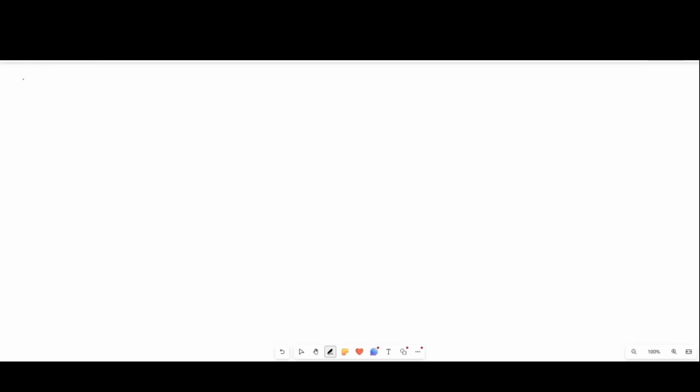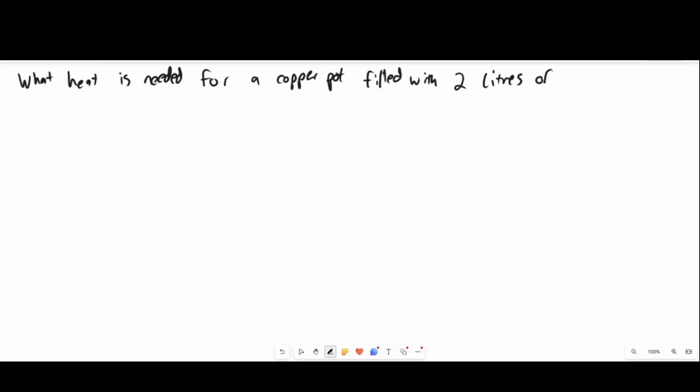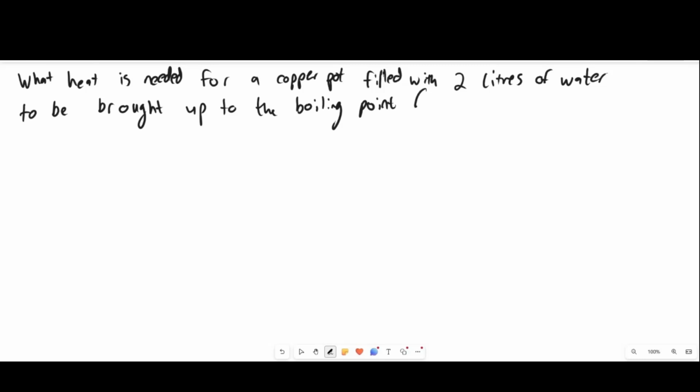So the example that we're going to work is we're going to calculate what heat is needed for a copper pot filled with 2 liters of water to be brought up to the boiling point from 15 degrees Celsius.